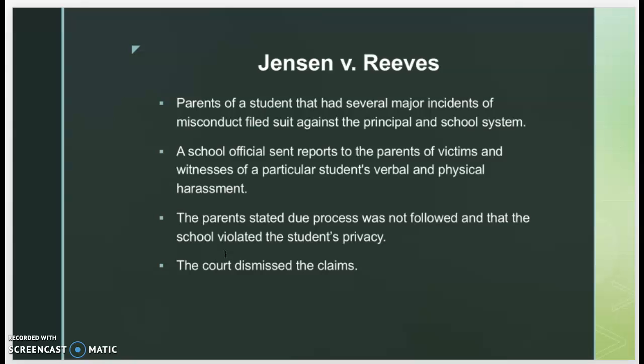The court dismissed these claims, based on the nature of the incident, and that the parent of the victim had the right to know the outcome of the complaints that they had made on this student of sexual misconduct. So therefore, his FERPA rights were not violated in this case.